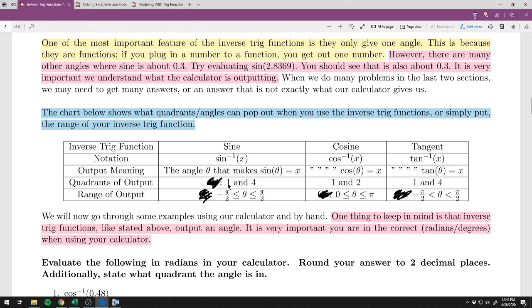And because we have so many possible angles and our calculator only gives out one, the way you can figure out which one it's giving you is from here. All right, so the quadrants of the output, meaning the angle you get out for sine inverse, is quadrant 1 and 4, but specifically you get an angle between -pi/2 and pi/2.